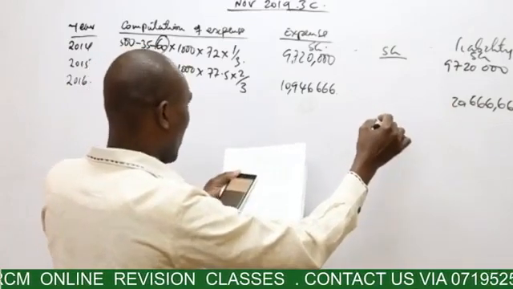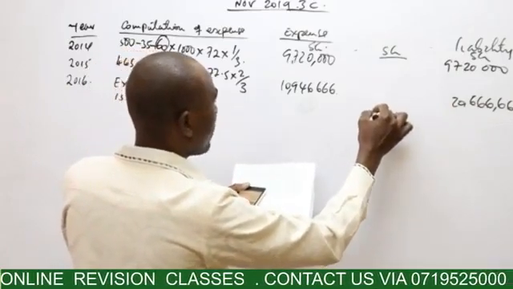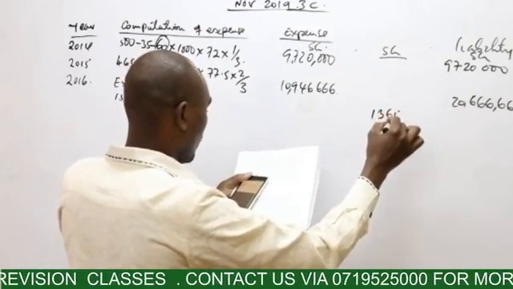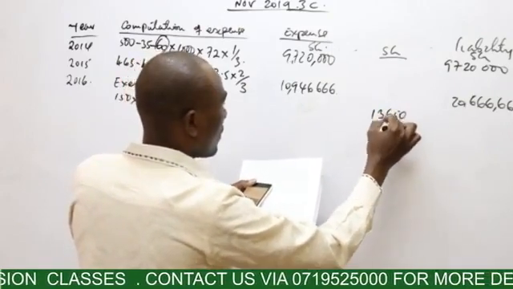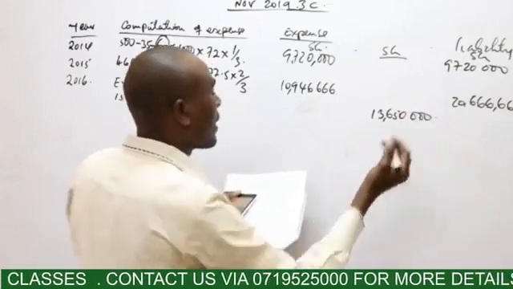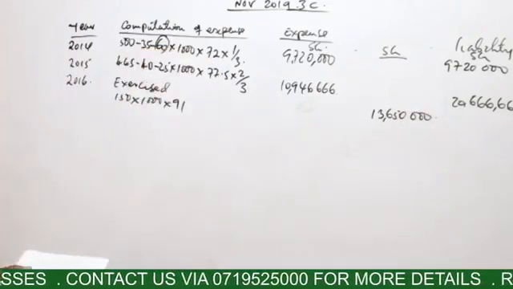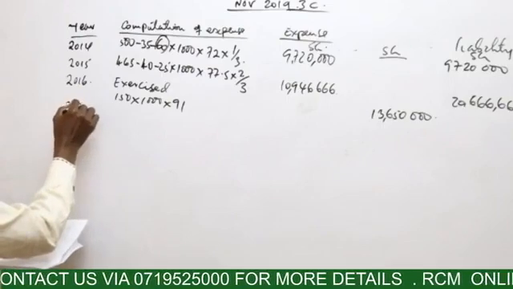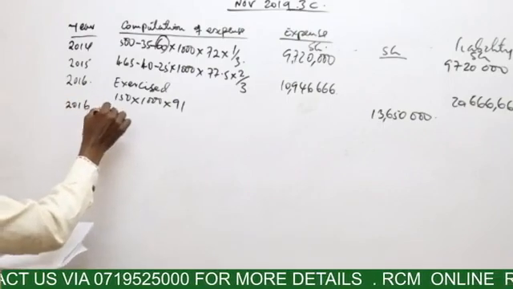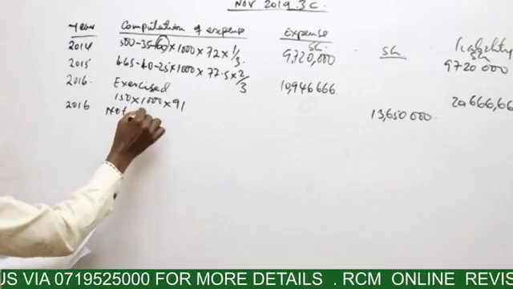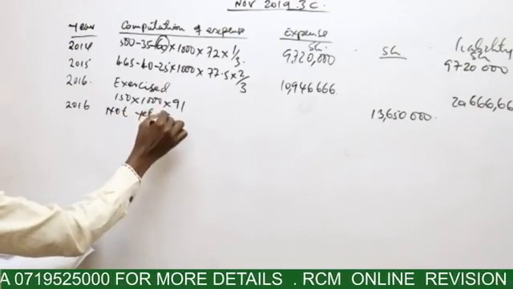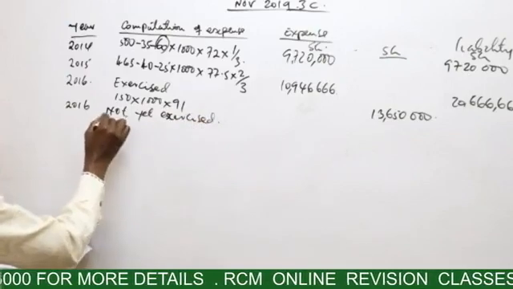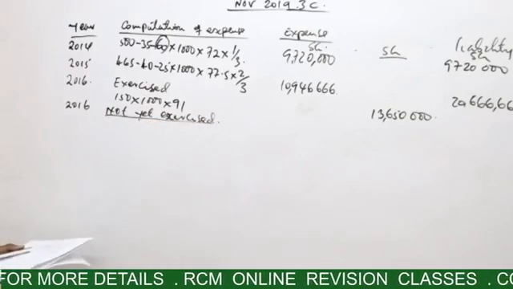I'm getting 1365,000, like that. Then in the same 2016, good friends, those who have not yet exercised.